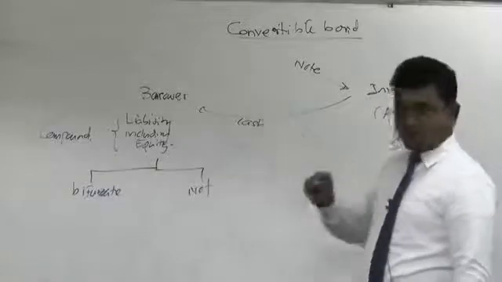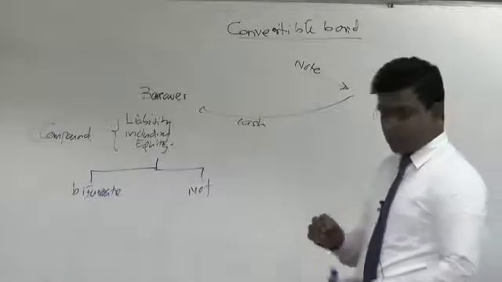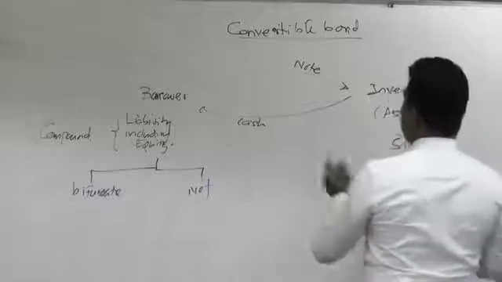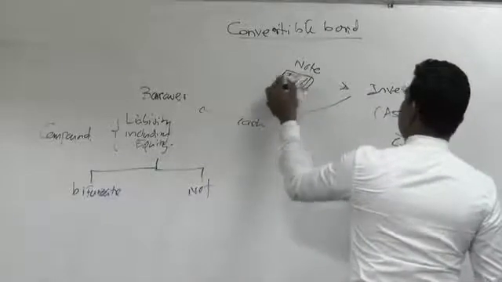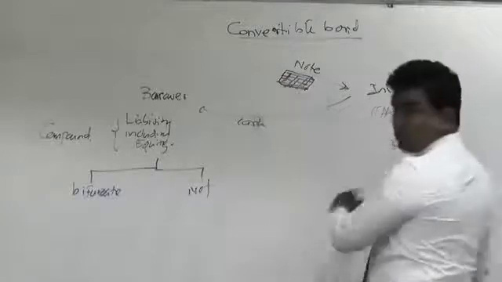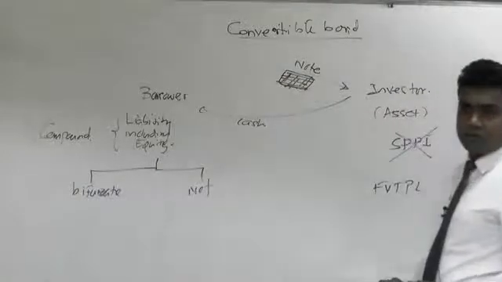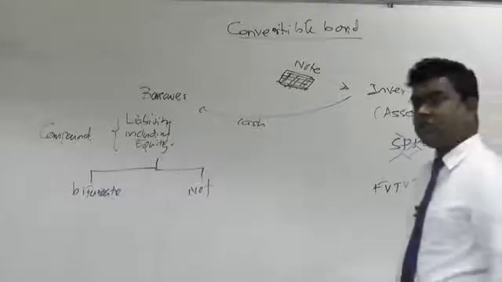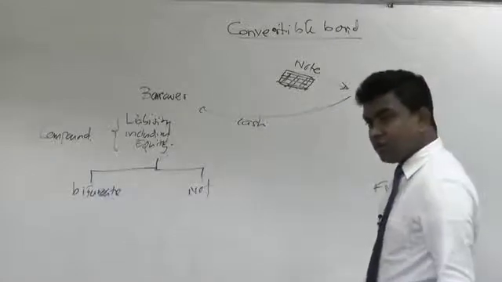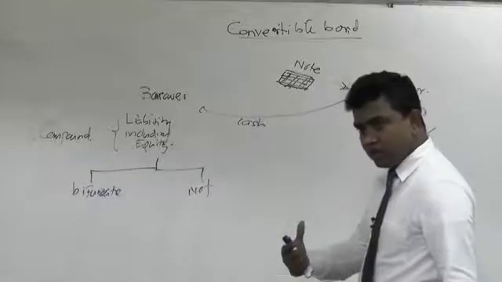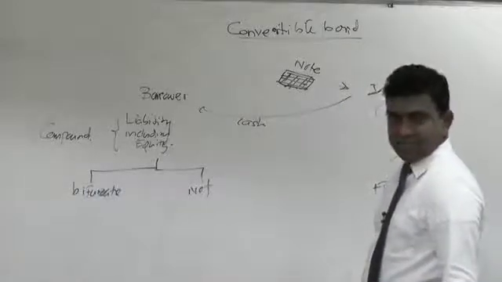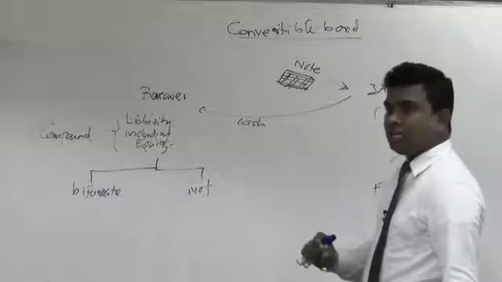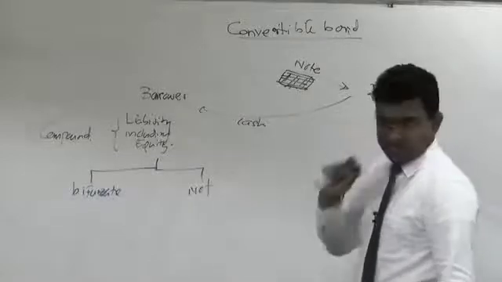This is a compound instrument. As a note, you have given a document to the investor. What is the name of this document, the certificate you have given? Convertible bond certificate. Is that clear? This is a certificate called convertible bond.